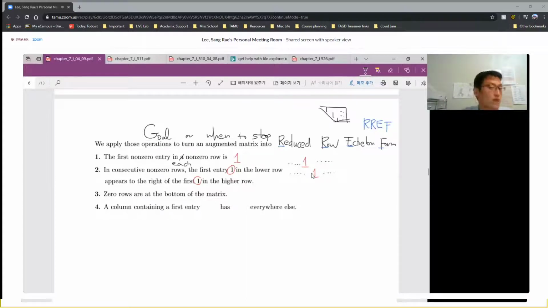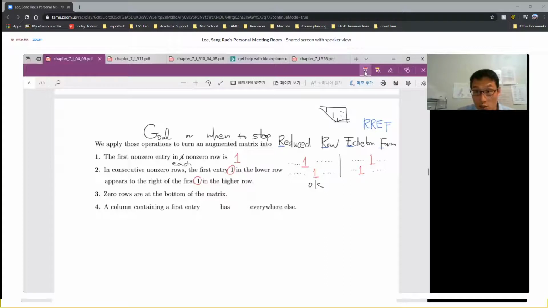So those ones are not random ones. Those ones are the first ones in each row. So this is okay. What if you have ones like this? Say you have 1 here and then 1 here. Look at this. This one in the lower row shows up to the left of this one.